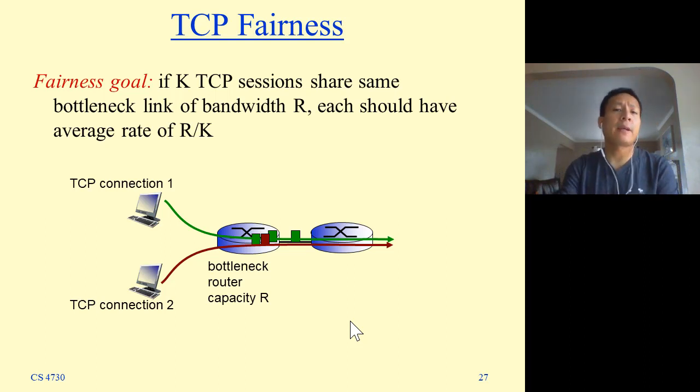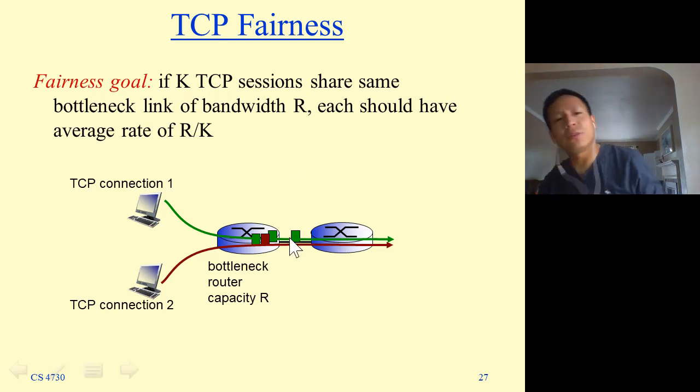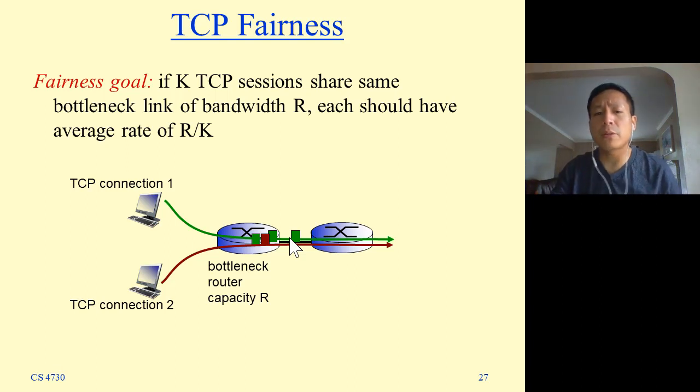For example, if you have K TCP sessions, K customers, and they are sharing this bottleneck link with a fixed amount of bandwidth, R. So whatever mechanism or TCP protocol you adopt, you approximately want this bandwidth to be shared evenly or fairly by these K TCP sessions or K TCP users.